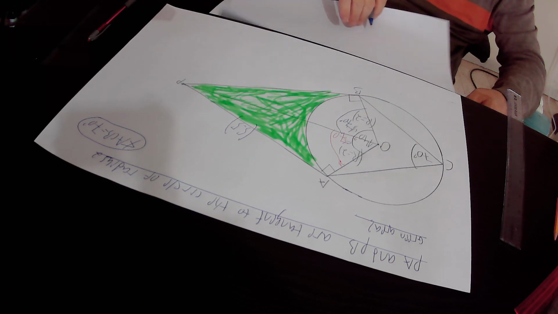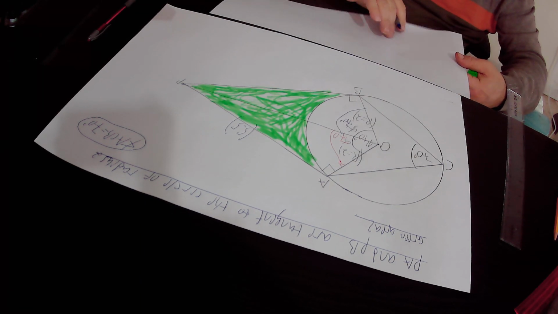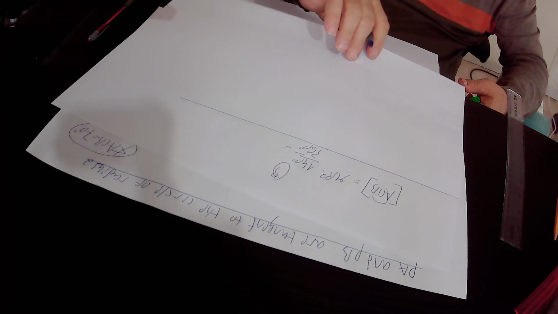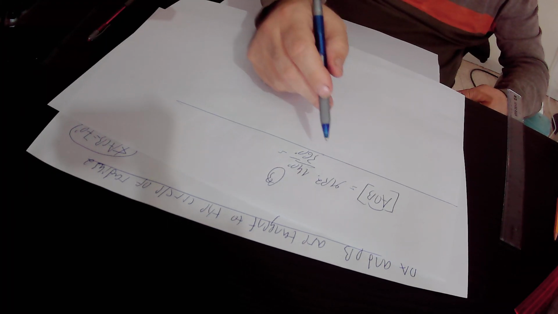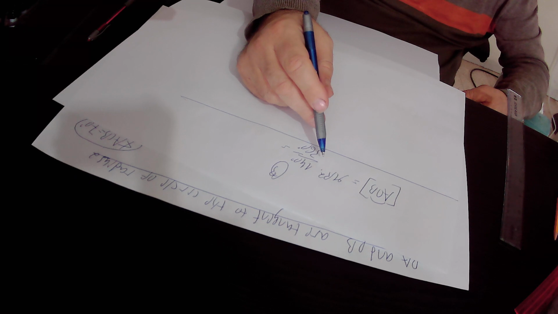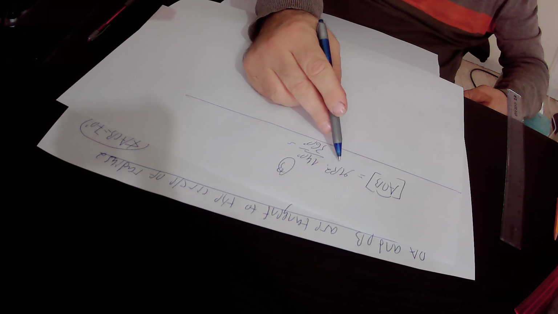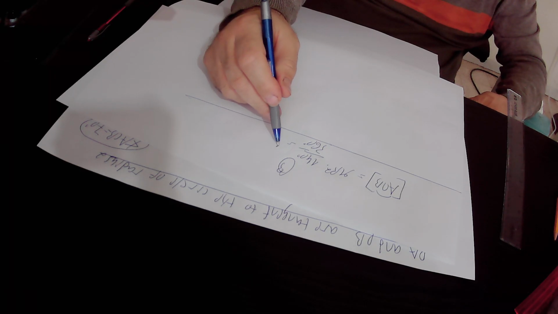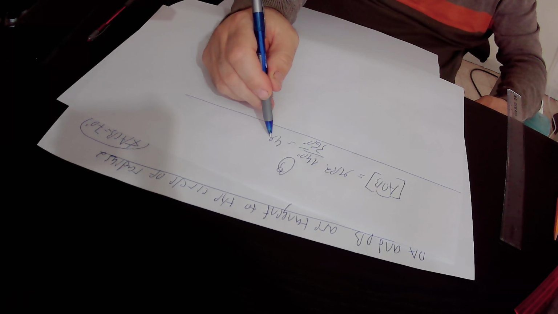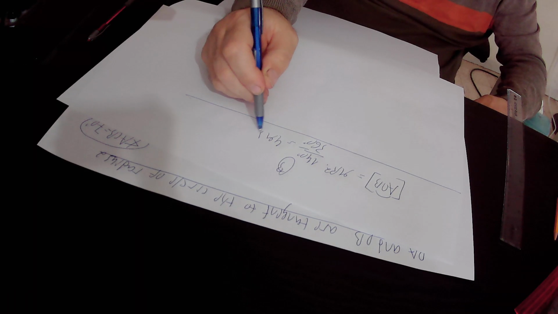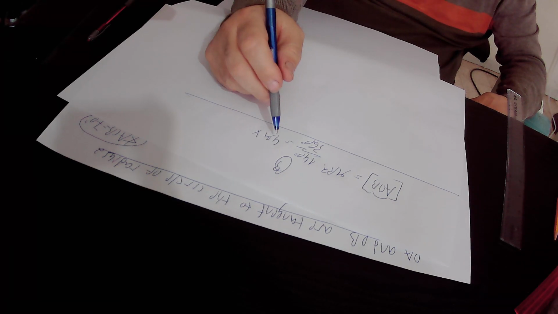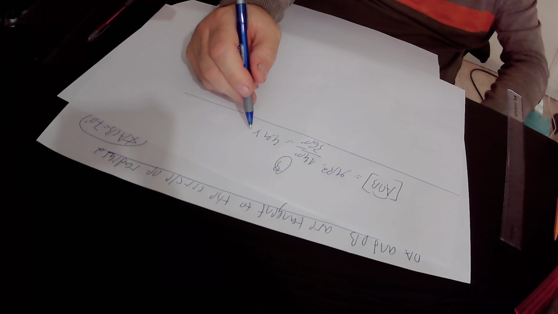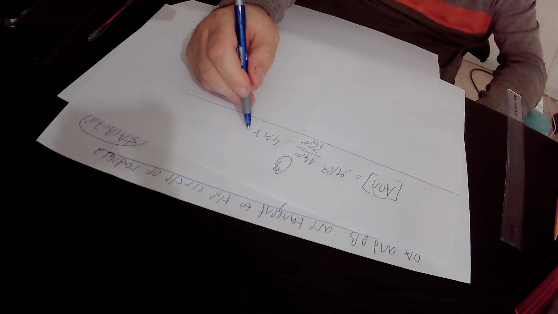The radius of this circle r equals 2, therefore r squared is 2 squared, that is 4. So pi r squared is 4 pi. And we have to multiply the area of the circle by 140 degrees over 360 degrees.